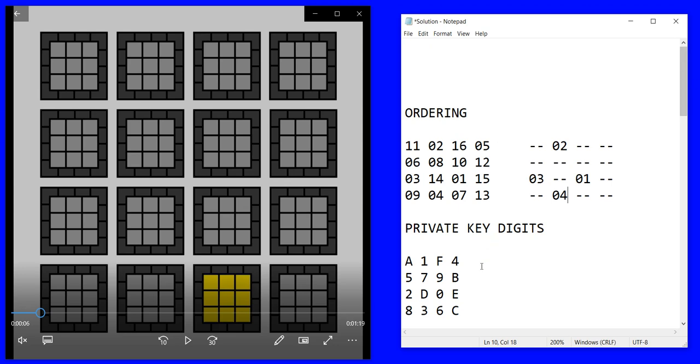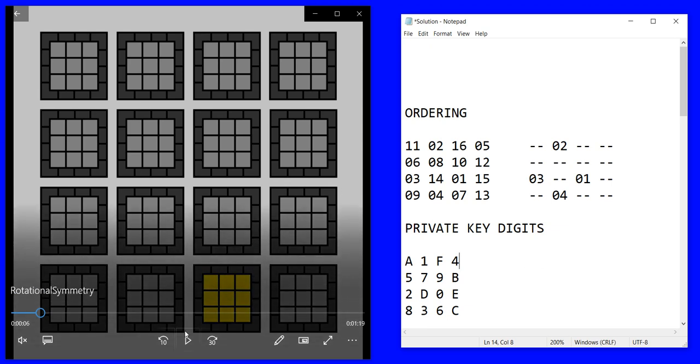So that's what I did in this second part labeled private key digits. The very first one is 0, then 1, then 2, then 3, and then the last one, of course, being an F, because private keys are 0 through 9, A through F, it's hexadecimal. So that's all I did there, converted this ordering into just digits of the private key.